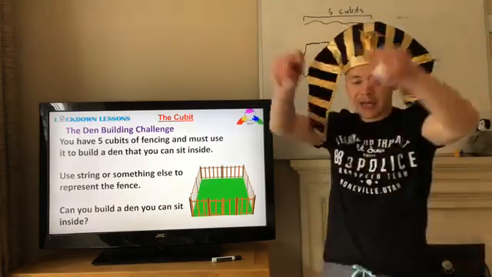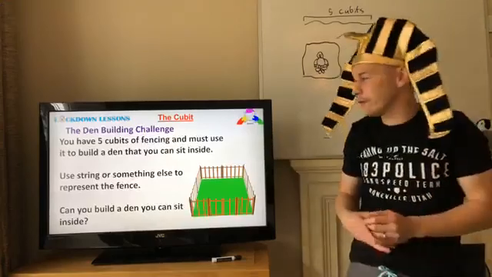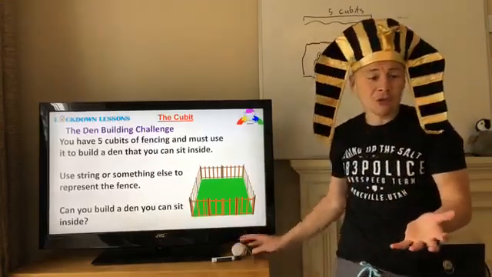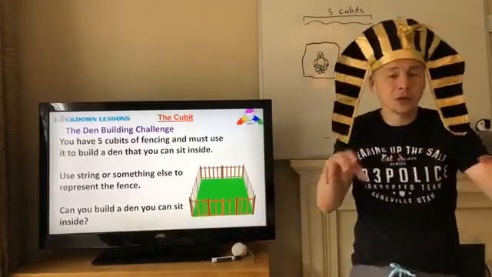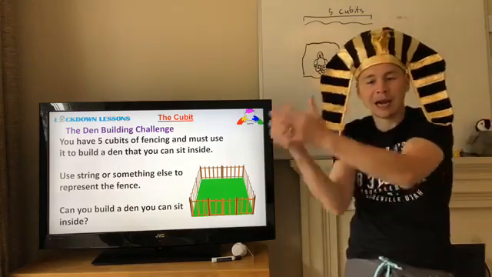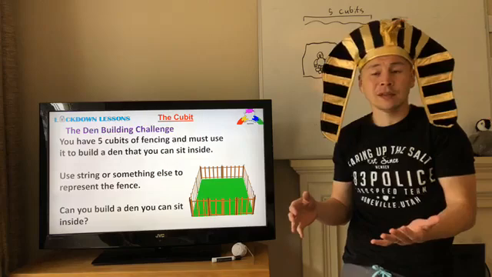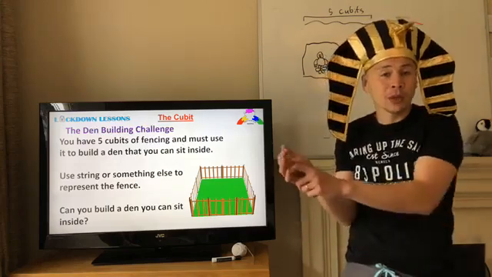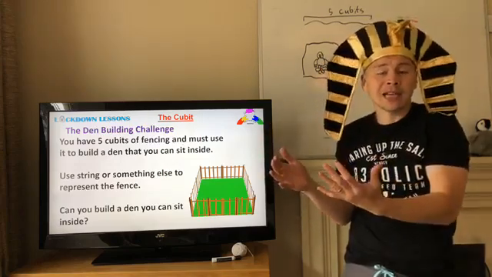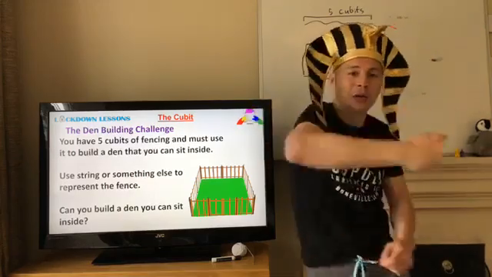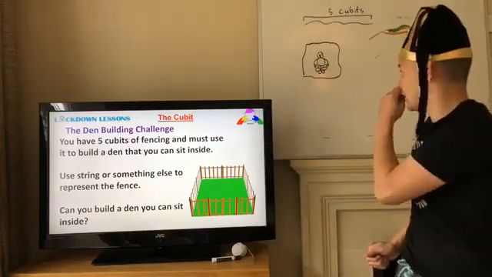Okay, so you're trying to make yourself a nice thing that you can fit inside. You can cut it with string. If you haven't got string, use whatever you want. You can use paper, or you can just try and lay it out, just make an invisible den, but just check you've got enough space to sit inside. Or maybe you can put your mum or dad inside the den, and you can measure around with your qubit like that around the outside.